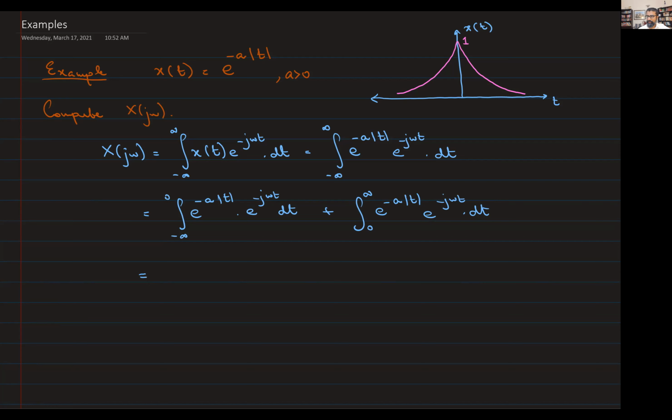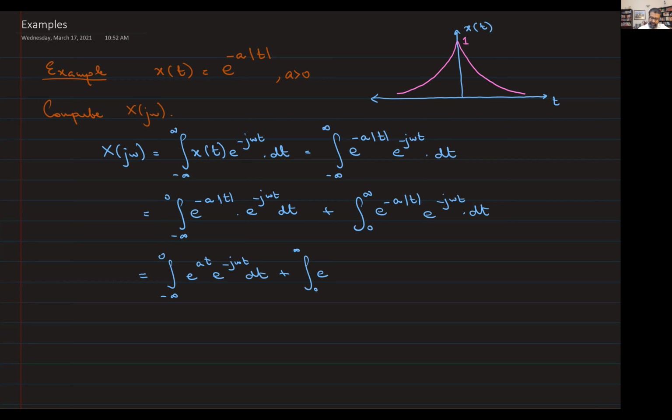And Hassan already points to this in the chat box. Sorry, this is minus infinity to 0. For all negative values of t, absolute value of t is just equal to minus t. And therefore, this is e raised to power plus at times e raised to power minus j omega t dt, plus 0 to infinity. For all positive values of t, the absolute value of t is just equal to t. So this is e raised to minus at times e raised to minus j omega t dt.